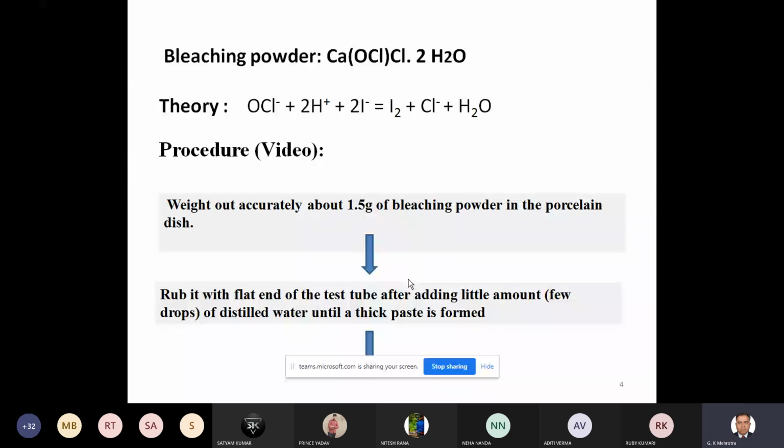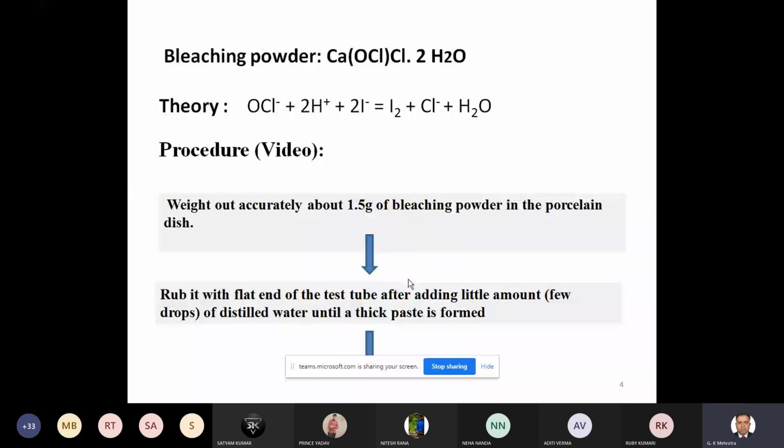So the overall reaction is given in your manual, this reaction. The oxychloride anion is the anion present in the bleaching powder sample. It is an independent anion, OCl minus. Remember, it is a unique anion among many anions you may be aware of.